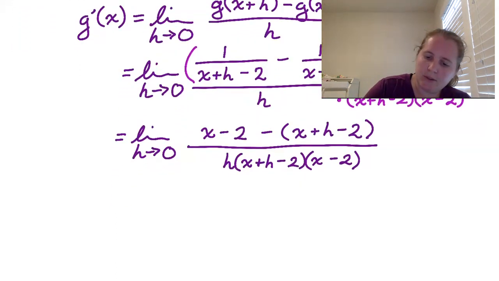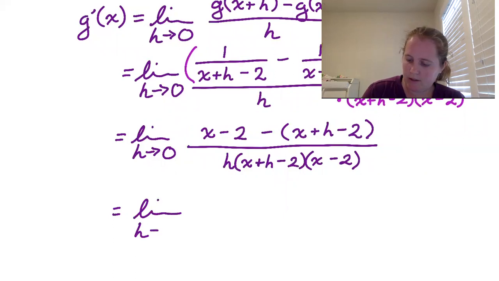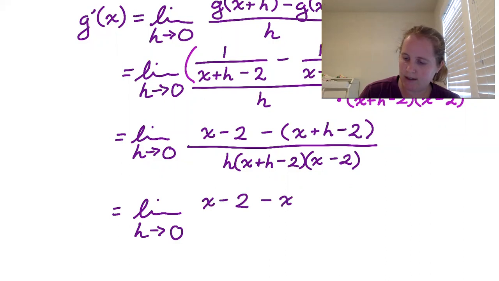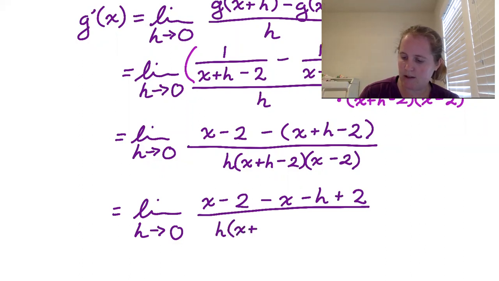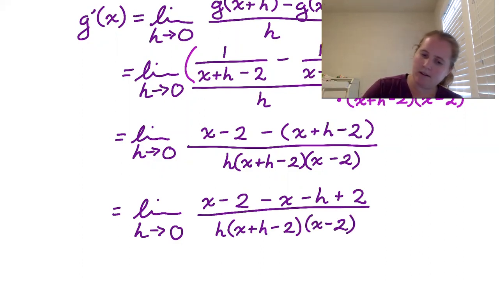If we go about simplifying this numerator, we have the limit as h goes to 0 of x minus 2 minus x minus h plus 2 all over h times x plus h minus 2 times x minus 2. Again, we have a minus 2 plus 2 scenario. Those cancel out, go to 0.